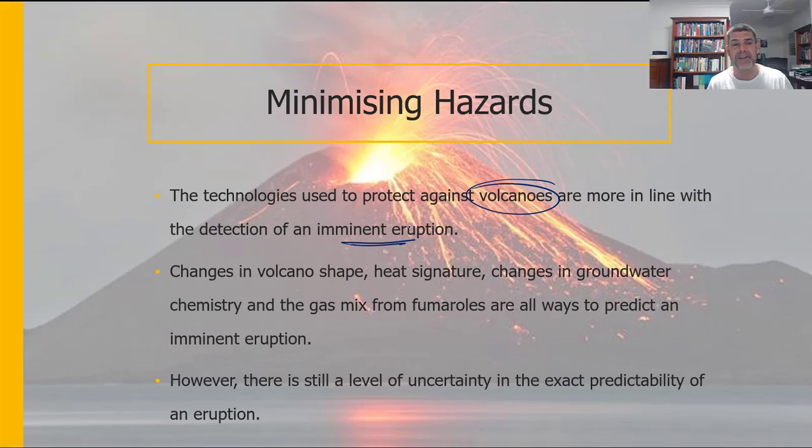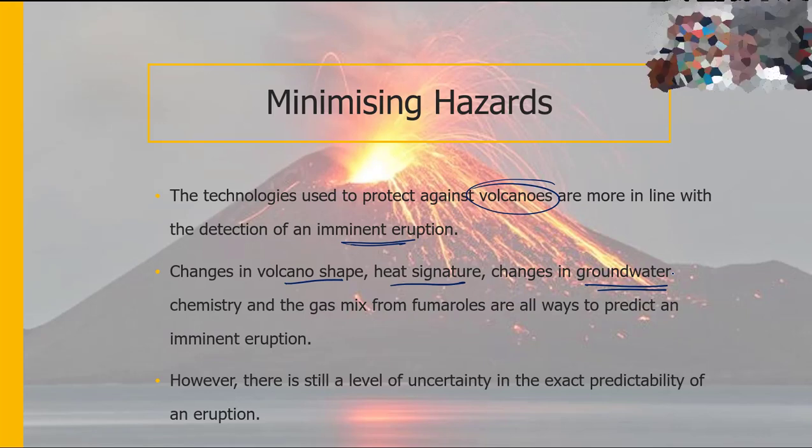We talked about this in a previous video, so we're looking at changes in the shape of the volcano, in the heat signature, in any bulges, ground level changes, changes in the groundwater chemistry, which maybe suggests that certain types of gases, for example, might be coming out of the volcano, already leaching through some of those cracks and maybe getting into the groundwater. And of course, gas from certain types of features associated with volcanic eruptions like fumaroles are all ways of trying to get a little bit of an idea ahead of time when an eruption might occur.